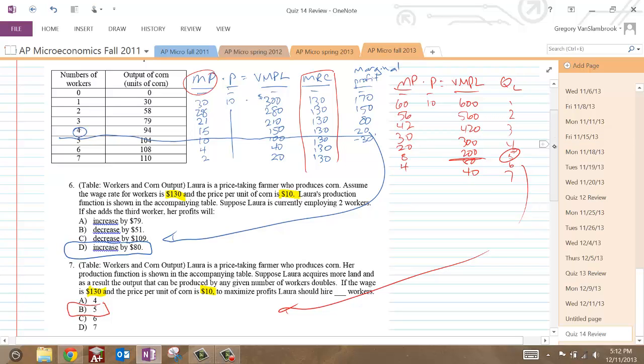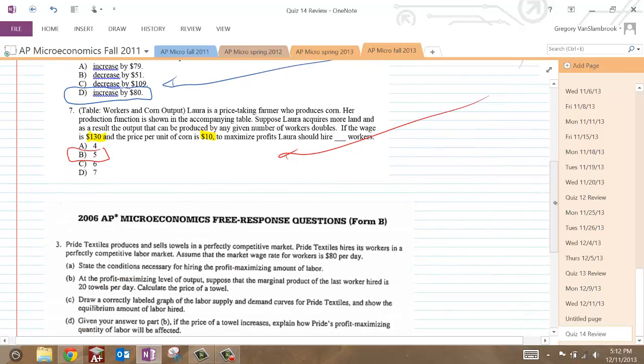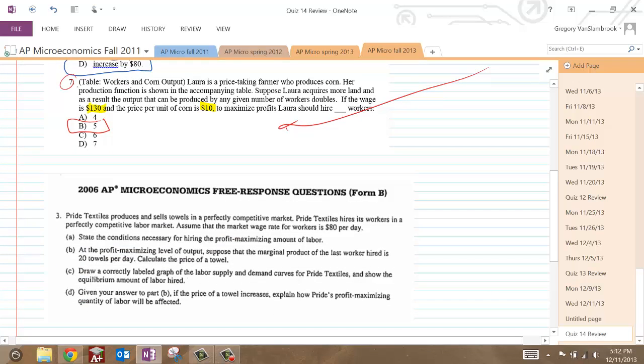One other extension of this, say that you're asked to graph this situation in number 7. If we were asked to graph number 7 for the firm, I'd probably say sketch a graph, since we're not going to have to match up and plot exact points.